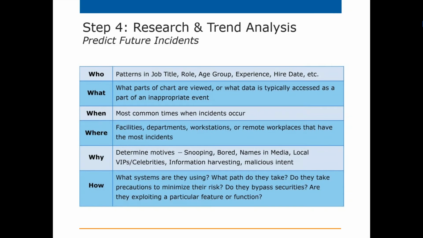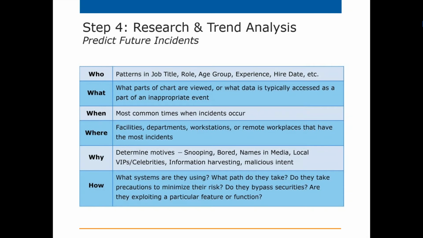So when we're talking about the who, are we noticing that there are job titles, roles, age groups that are more prone to an incident? If I notice that my behavioral health department has had a lot of incidents last year, then that's going to tell me where to focus my energy. If I notice that individuals who are on night shift are generating the most inappropriate activity, I can learn from that. So the who is it?